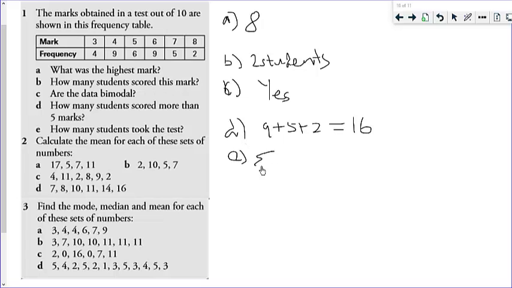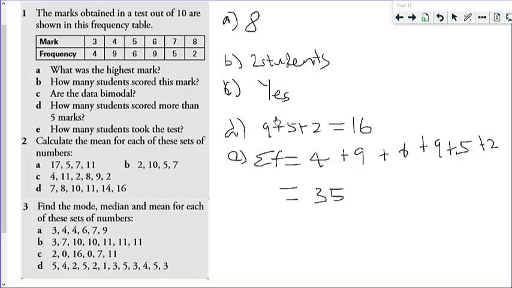So the total frequency is equal to 4 plus 9 plus 6 plus another 9 plus 5 and plus 2. So the total frequency will be, we have 13 here, 19 and 28, then we have 35. So 35 students took the test.